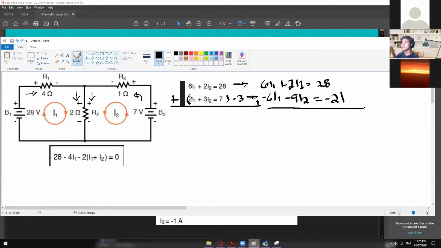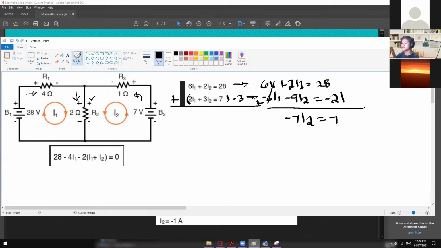Then you can now add them. So of course, this one will be cancelled. And then 2 I sub 2 minus negative 9 I sub 2 will give you negative 7 I sub 2 is equal to 28 minus 21 is 7.